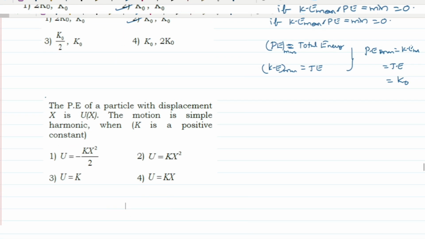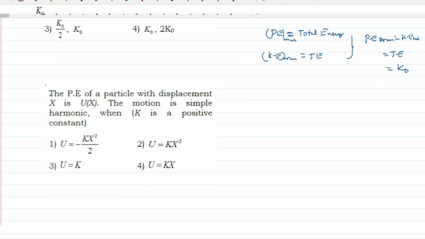Let us see the next question. The potential energy of a particle with displacement x is given as U of x. The motion is simple harmonic, where k is a positive constant. Potential energy of a particle for a given displacement means that if the particle is displaced from the mean position, a restoring force acts on it. The work done against the restoring force is dW equals F into dy.